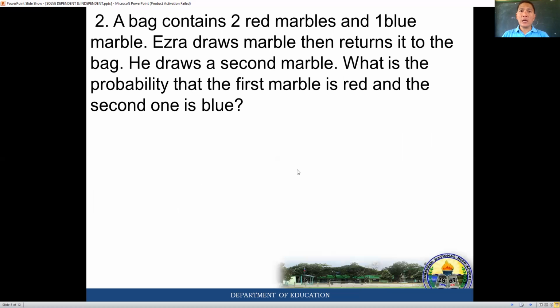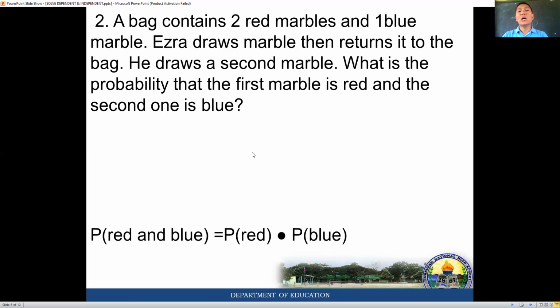There are 3. 2 red marbles and 1 blue marble. The first event is that the first marble is red, and Ezra draws the marble, then returns it. So binalik niya. So therefore, this is independent. Hindi maapektuhan yung second event. So this is an example of an independent event.